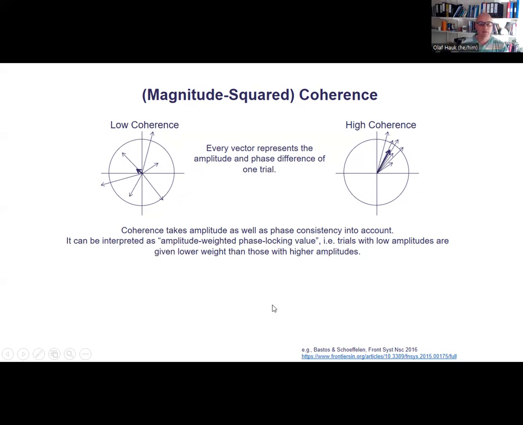In a way, and I think that's also what they say here in this tutorial, coherence can be interpreted as an amplitude-weighted phase locking value. So trials with low amplitudes are weighted down with respect to trials with high amplitudes, which you may or may not want.